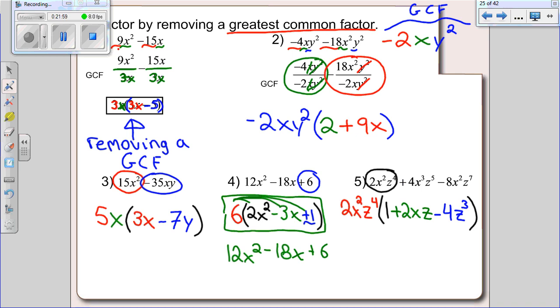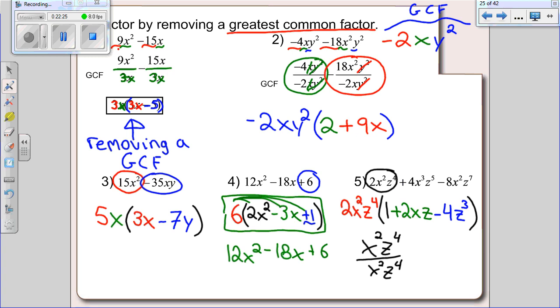So what if there was no 2 in this at all, and I had x squared z to the 4 divided by x squared z to the 4? We say those cancel out, correct? If they cancel out, what do they actually equal? 1. So even if there was no numbers, and I took x squared divided by x squared, it equals 1. Right? You always have a 1.